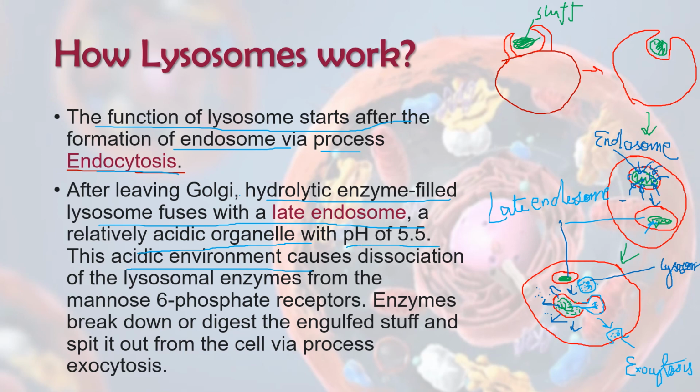This acidic environment causes dissociation of the lysosomal enzymes from the mannose 6-phosphate receptors. These enzymes then break down or digest the engulfed stuff and it is spit out from the cell via a process known as exocytosis.